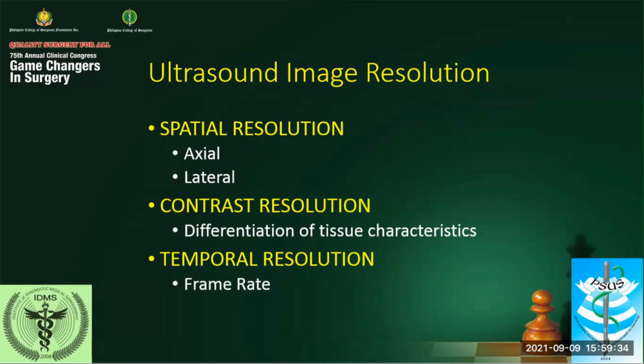This has to do with resolution with regard to space. Contrast resolution is the ability to distinguish changes in tissue signatures. And of course, temporal resolution has to do with the frame rate, or the speed at which images are captured.